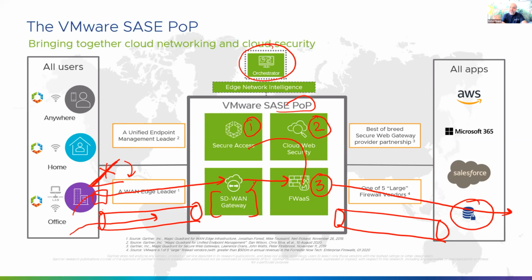And then the 4th element here is the ENI, Edge Network Intelligence, which provides you with AI/ML, artificial intelligence and machine learning, which will look into your enterprise traffic end to end and provide the basic thing, which is self-healing.